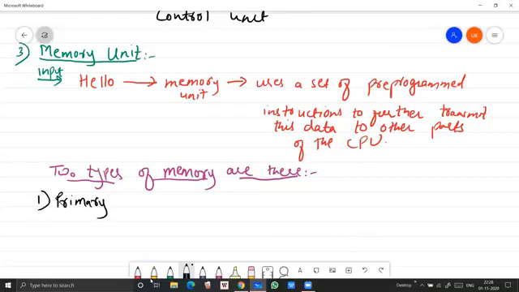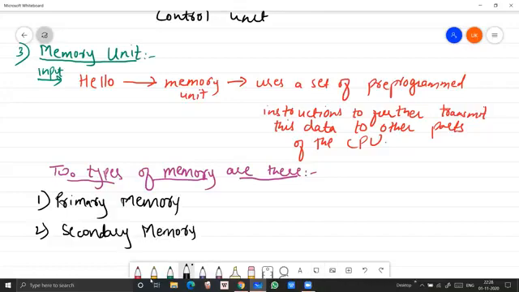This primary memory is an internal memory, and it is also known as the main memory, because it holds the data and instructions on which the computer is currently working. So in simple terms, the primary memory is called the internal memory, and the secondary memory is called the external memory.